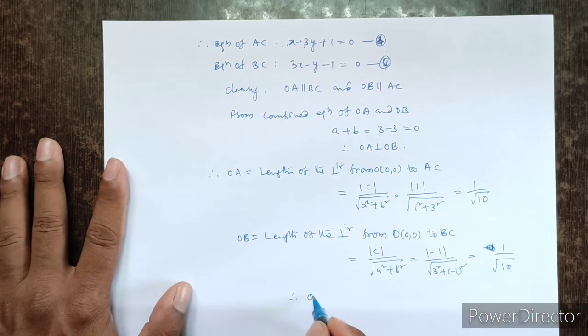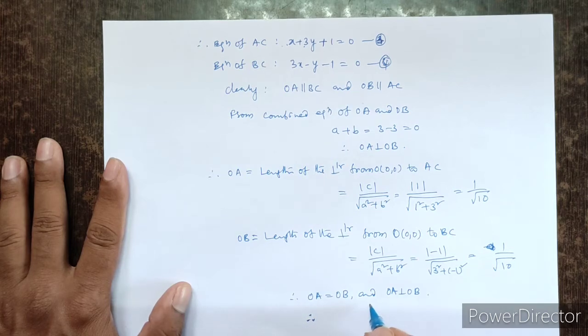Therefore the lengths OA equal OB, and OA is perpendicular to OB. Therefore opposite lines are parallel, adjacent lines are perpendicular and adjacent sides are equal.